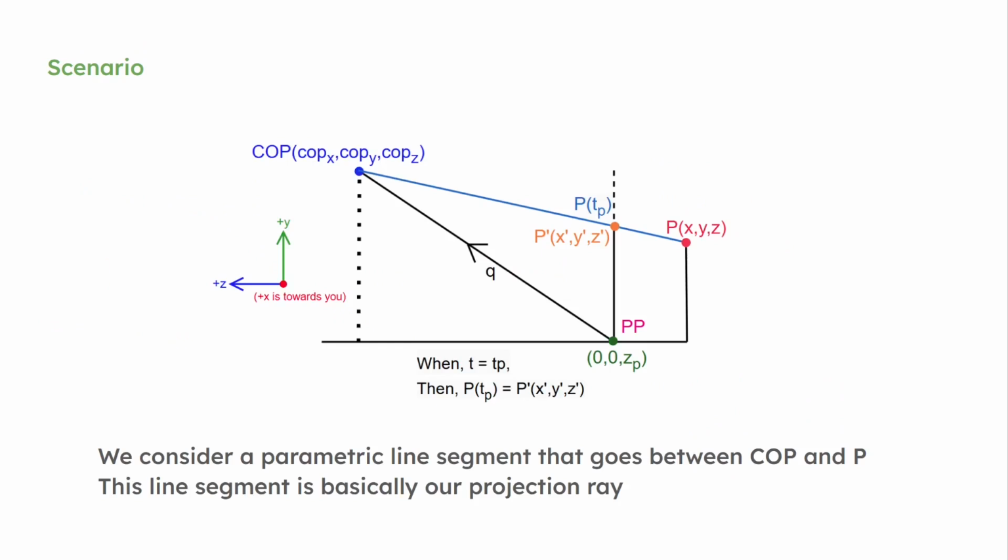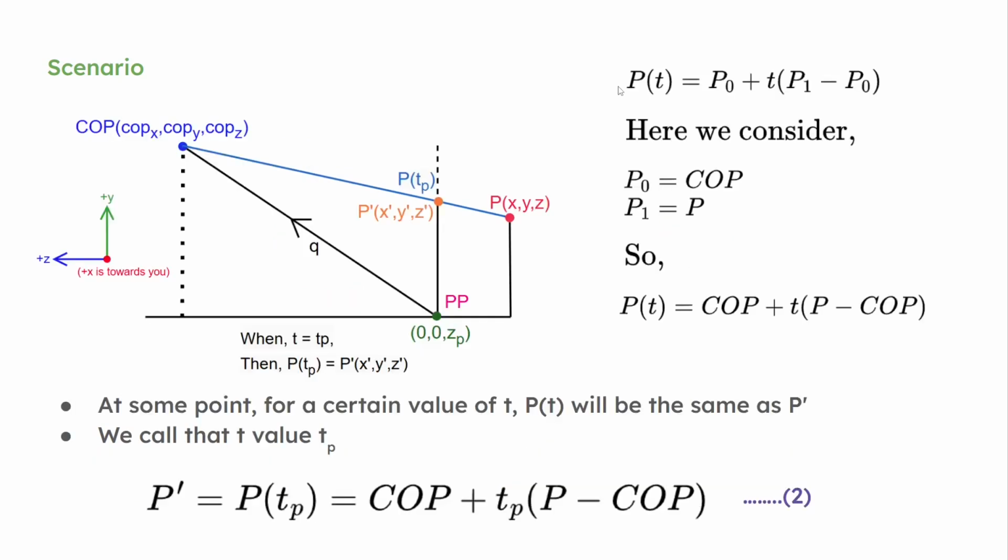The line segment starts at P and goes towards the COP. We can also consider it as starting at the COP and going toward P. Both are correct. For this line segment, we can express it as a linear equation, more specifically our parametric line equation, which we saw in our previous lectures. The parametric line equation looks like this: P(t) equals P0 plus t times (P1 minus P0).